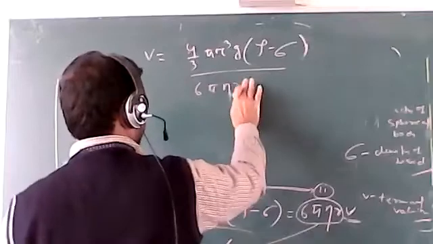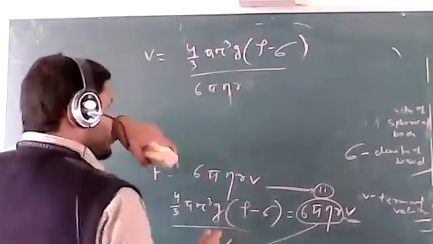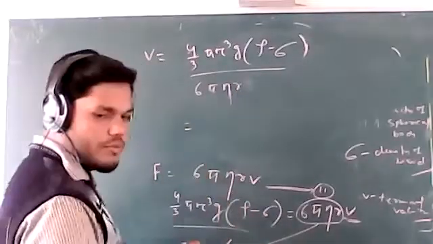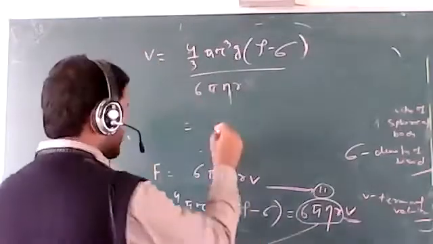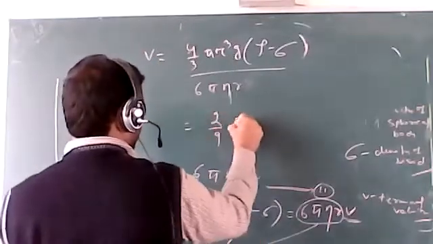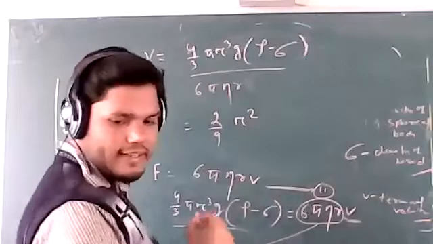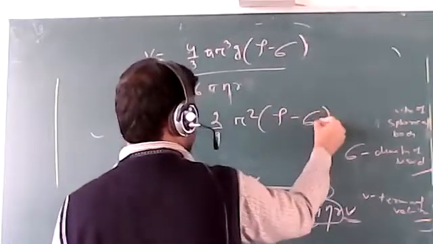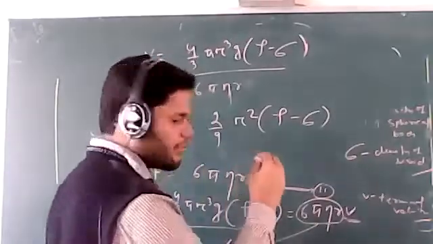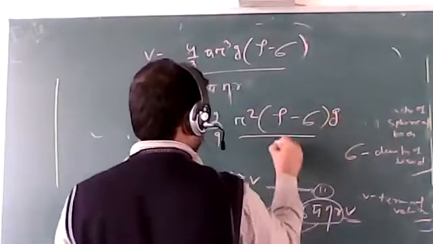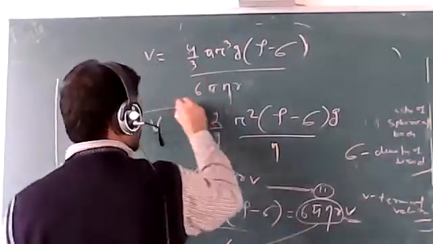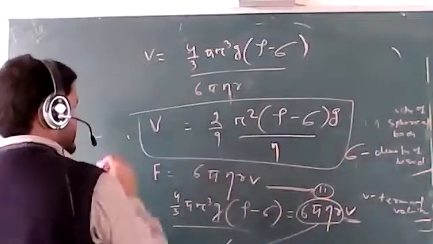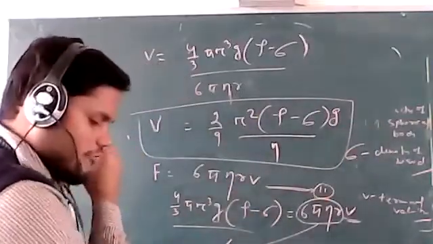If you calculate, it will be 2 by 9 r square into (rho minus sigma) into g divided by eta. So this is the value of the terminal velocity.